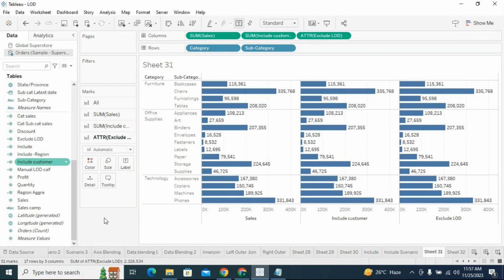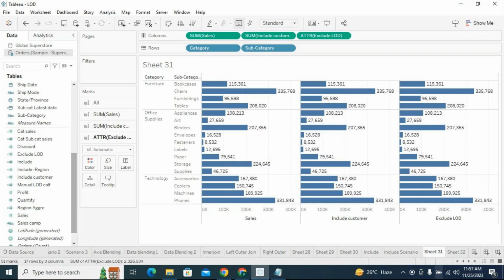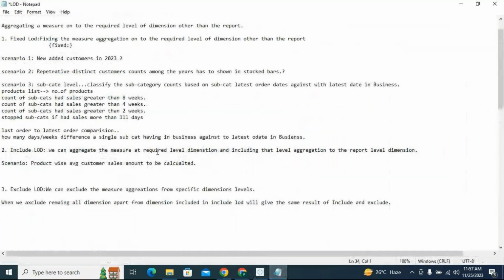And next, this is about exclude LODs. So till now we have discussed about LODs, level of detail expressions. There are three types of LODs: include, exclude, and fixed LOD.